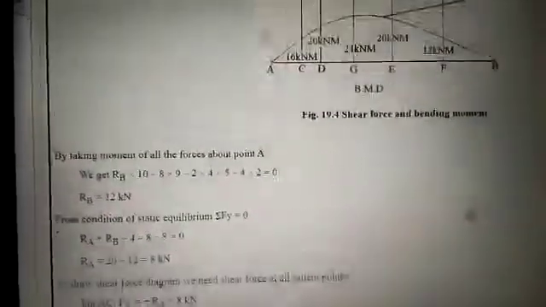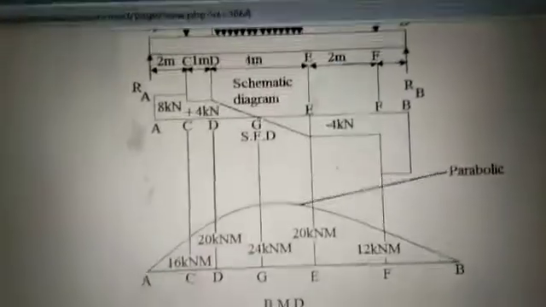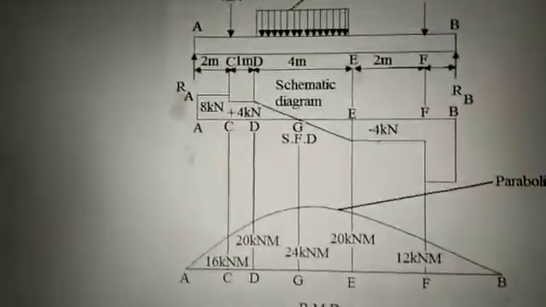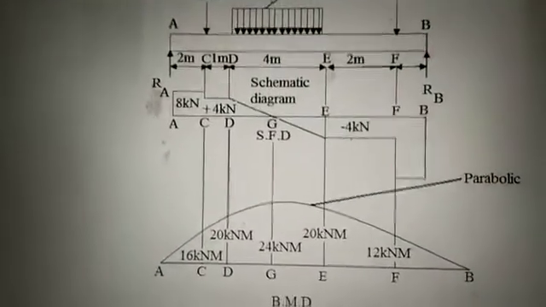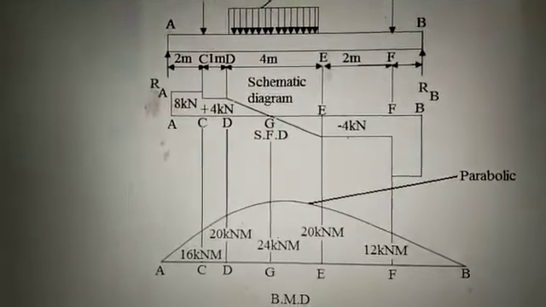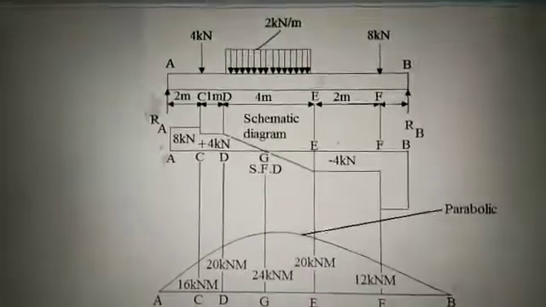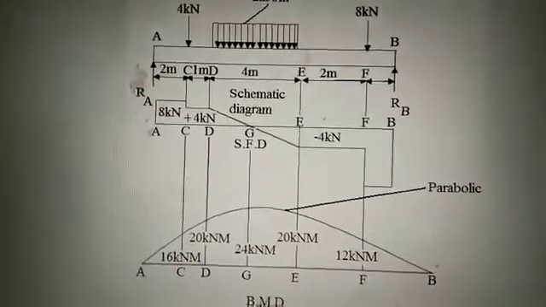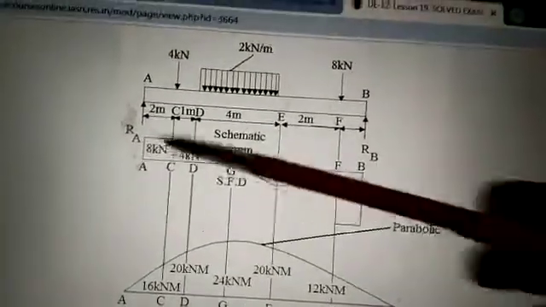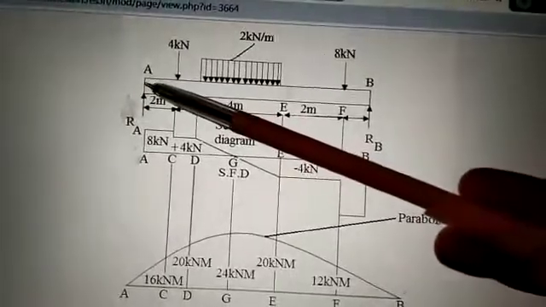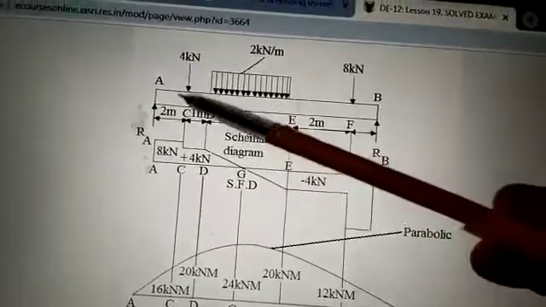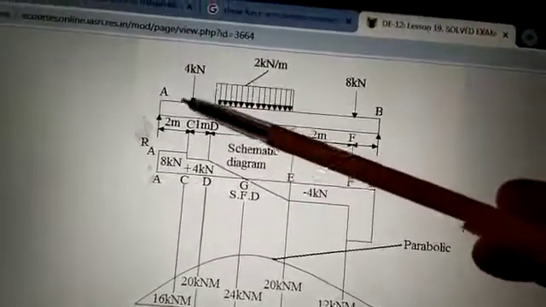Now we will draw the shear force diagram. This is the shear. Now we will draw the bending moment diagram for this loading of the beam. These are the loads. What we did in order to find out, first we considered the section between this, XX. We cut a section XX.